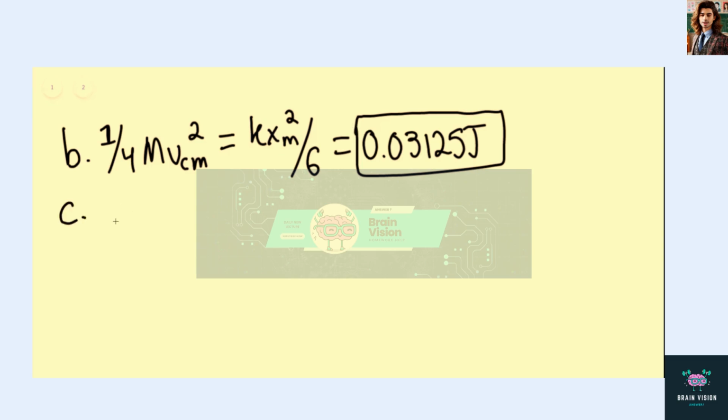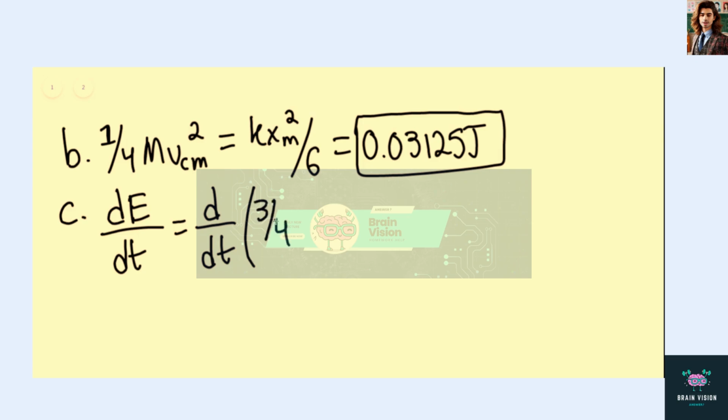For part C now, we need to denote v_cm instead of denoting the maximum speed of the center of mass as it passes through equilibrium. We can use this to denote the speed at any instant. So the change in the energy with respect to time would be equal to the derivative with respect to time of 3/4 m times v_cm squared plus 1/2 times k x squared.